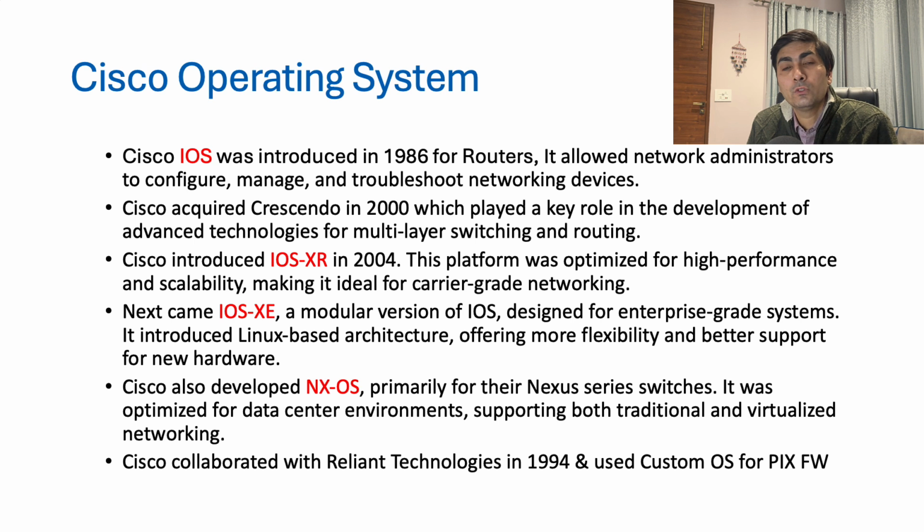Pix was very successful because it supported stateful inspection and network address translation, and suddenly it became very popular. So Cisco acquired them the next year, and after using it for 6-7 years, they introduced a new product named Cisco ASA, that is Adaptive Security Appliance. Then they deprecated the Pix OS.